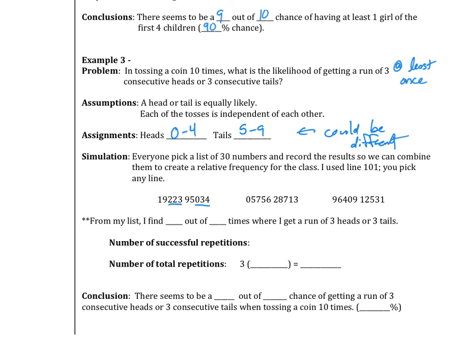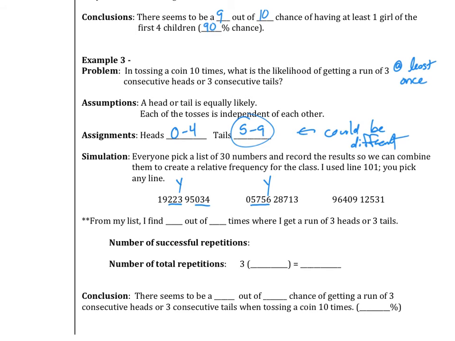Those are both groups of 3 numbers between 0 and 4. So this one is yes. In the second group, 5, 7, 5, 6, all those numbers are between 5 and 9, so this is also yes. In the last group, 9, 6, 4, 0, 9, 1, 2, 5, 3, 1, there's never a set of 3 in those groups.